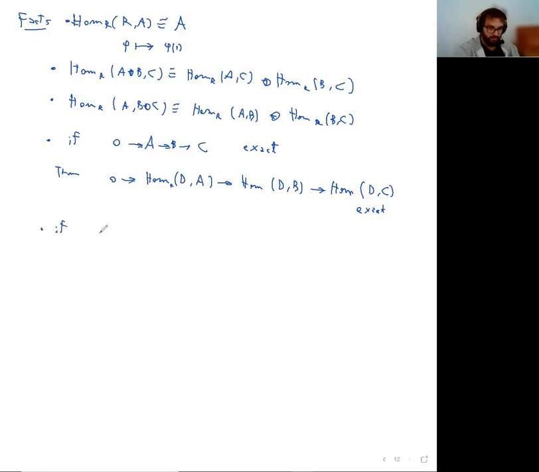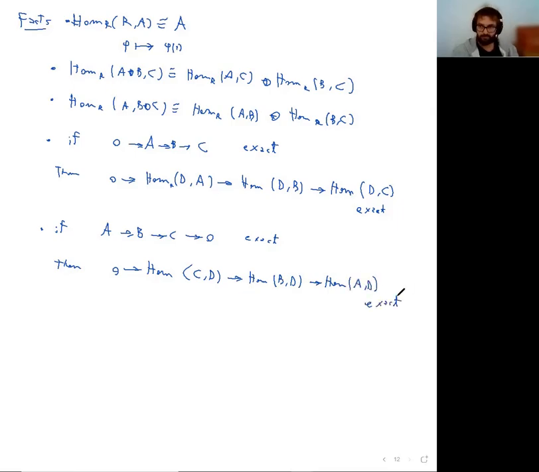And if A, B, C, 0 is exact, again not a short exact sequence because we're missing the 0 here, then when we reverse the arrows, when we put D on the right, this is what's exact. These two properties together are usually referred to as the functor hom being left exact.